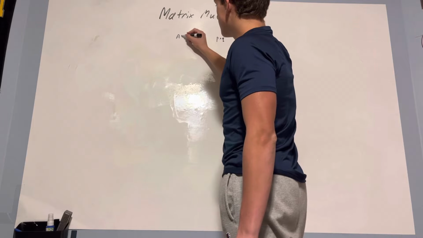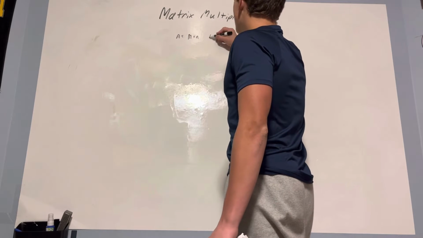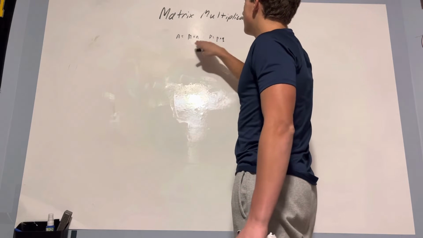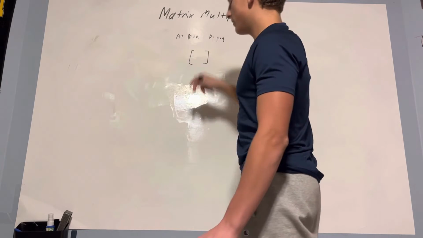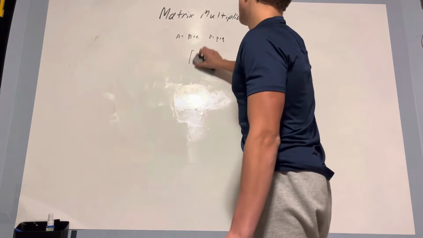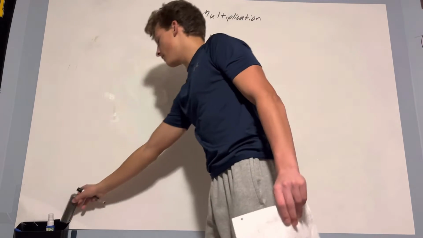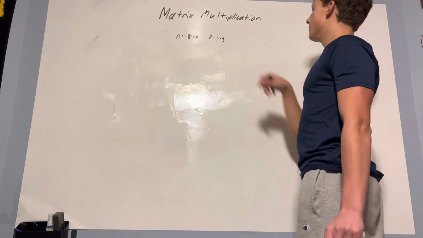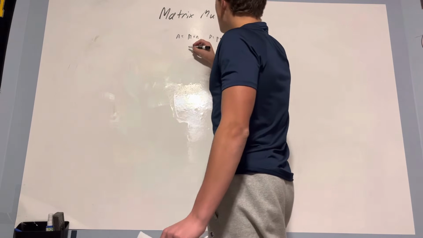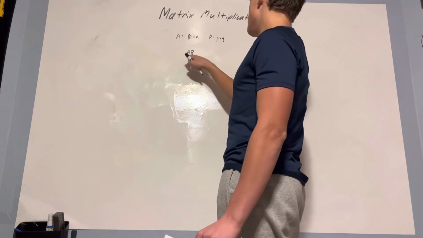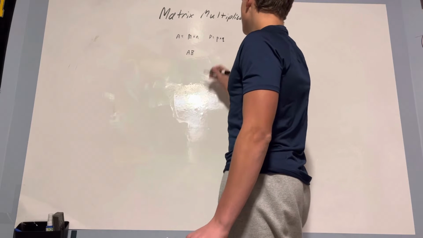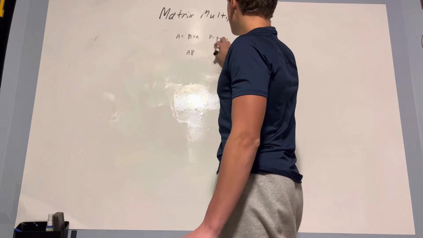We'll call this matrix A. This is not defining the matrix itself, this is just defining the dimensions of the matrix. So we have A is an m by n matrix, and B is a p by q matrix. We can only do the matrix multiplication of A times B if n is equal to p.